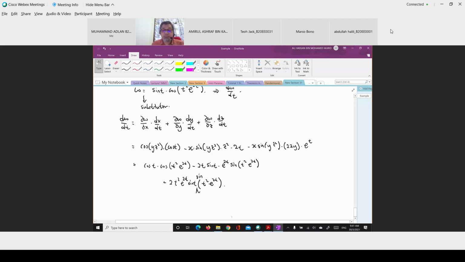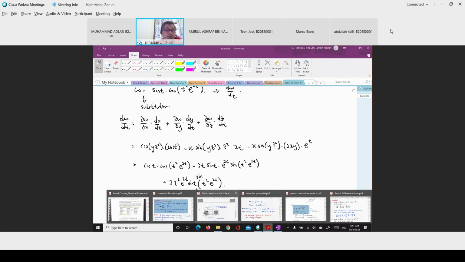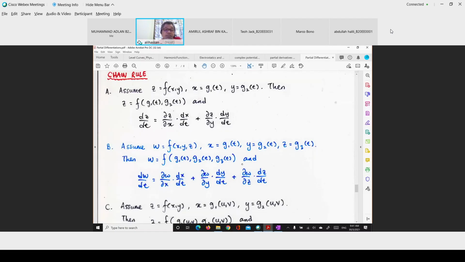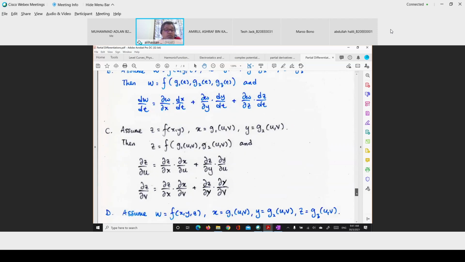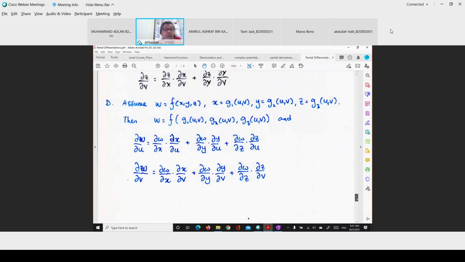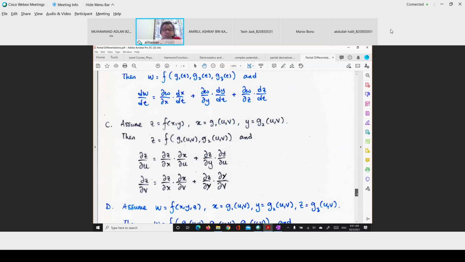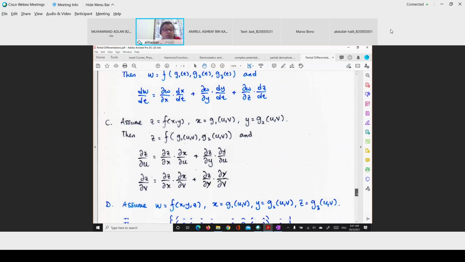So this is one example that illustrates the case B of partial derivatives. We have two others, case C and case D here. I think I will discuss this tomorrow in our class. We have another lecture tomorrow.